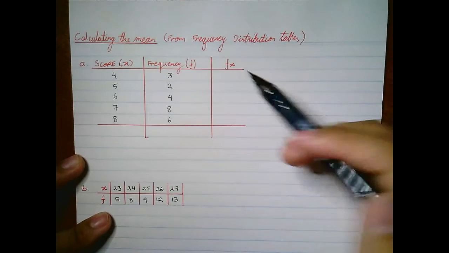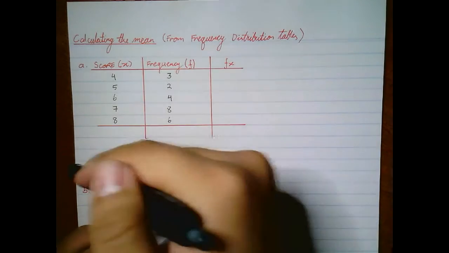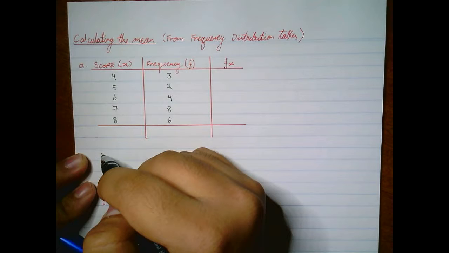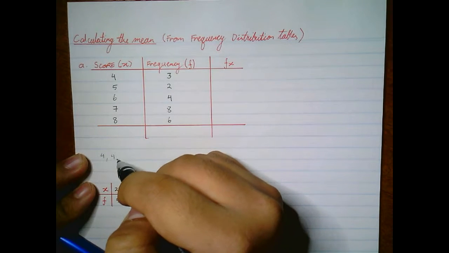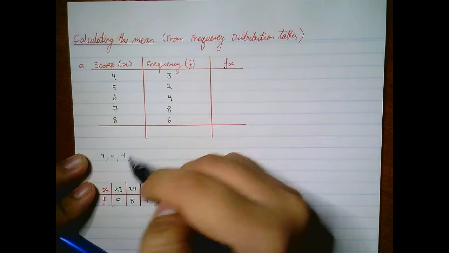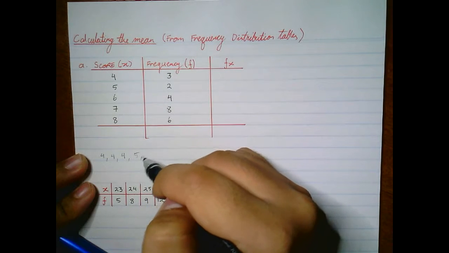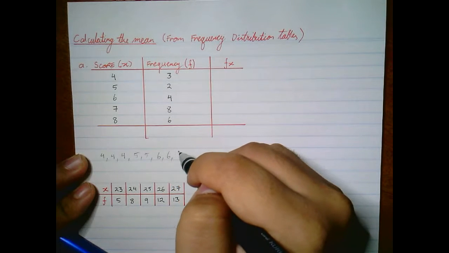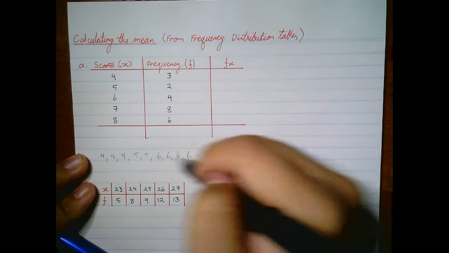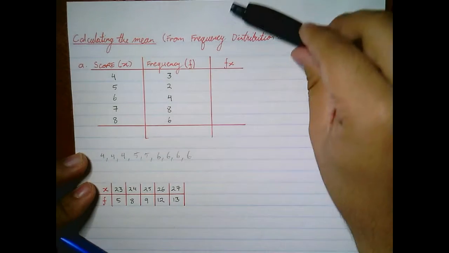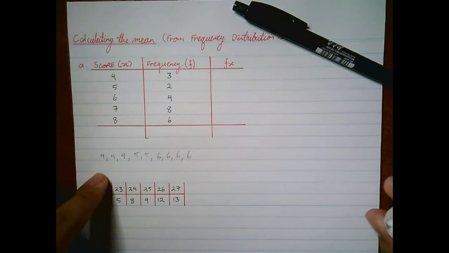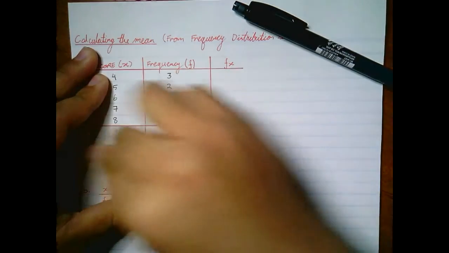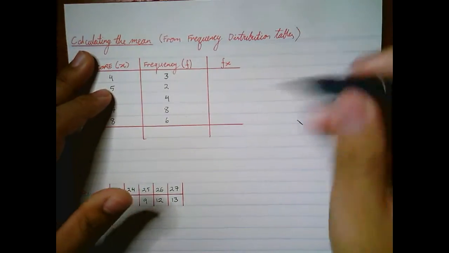If we were to write this out in an extended form, 4 happens 3 times, so it's going to be 4, 4, 4, then 5 happens twice, 5, 5, then 6 happens 4 times, 1, 2, 3, 4, and so on. But there's no point rewriting it out like this. We'll just keep it in this version here. It's actually much easier to interpret.